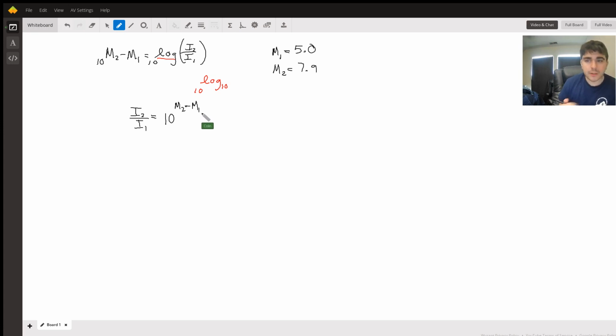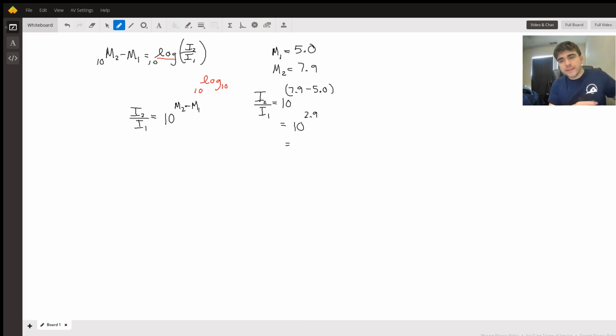All right, now we're ready to solve this example. So I2 over I1 is equal to 10 raised to the power of 7.9 minus 5. So that would be almost 3, so 2.9.